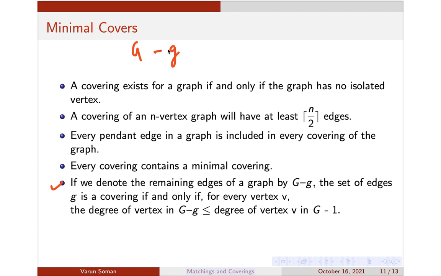So if I delete all the edges in the covering, the degree of every vertex should be reduced by at least 1, because the edges in the covering are incident on all the vertices. So it contributes 1 degree to each vertex. So when I delete the covering, the degree of all the vertices would be reduced by at least 1.